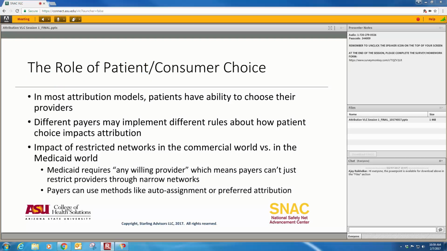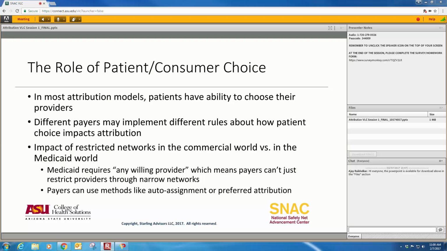I've talked about this quite a bit, and I wanted to make sure I kind of drove home the point about the role of patient or consumer choice. As we may have experienced in our own personal lives, insurance products will often attempt to restrict our choice within a network of providers.